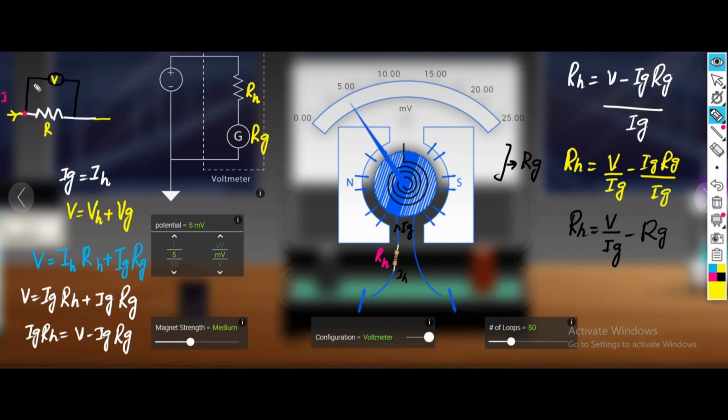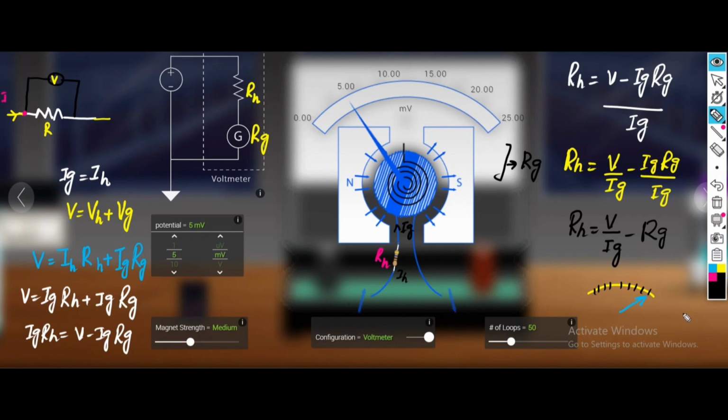If we connect the voltmeter in parallel with the component of the circuit, inside this voltmeter we will have a pointer, and that pointer will show some deflection. This deflection is not due to the voltage but due to the current.